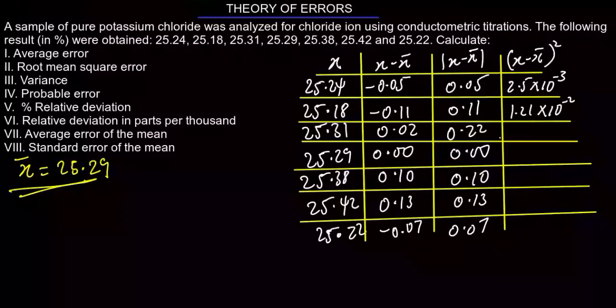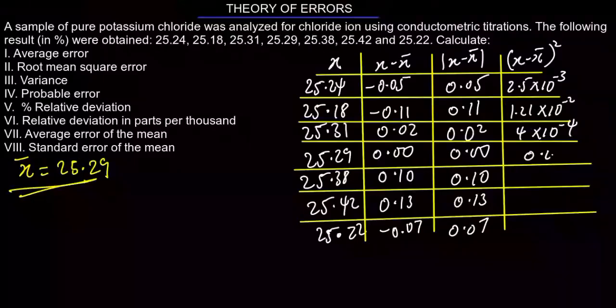Next one, 0.2. Wait, there's a slight mistake here. This is supposed to be 0. So you have to be careful when dealing with statistics, so you won't run into error. So 0.02 all squared gives me 4 times 10 raised to the power minus 4.